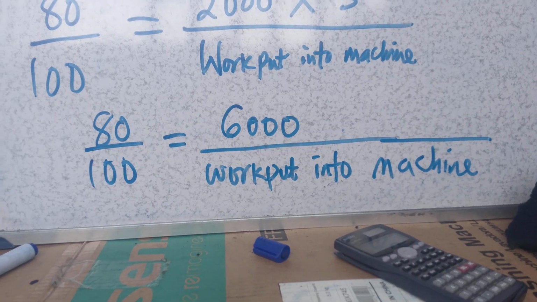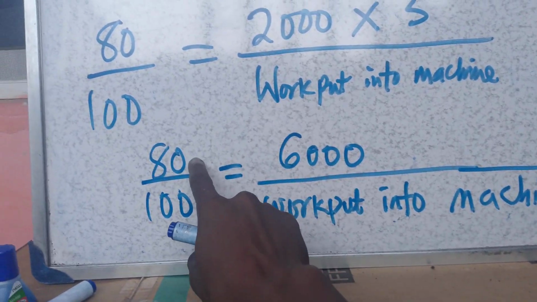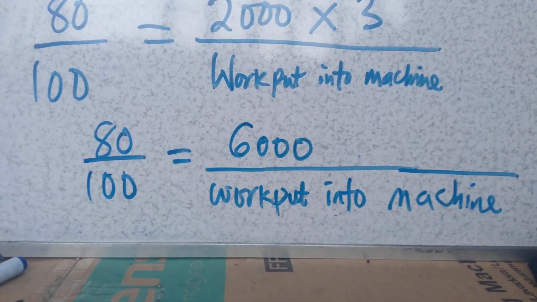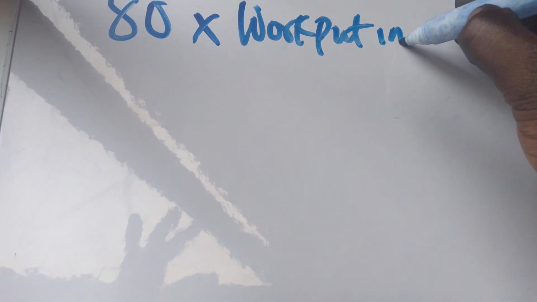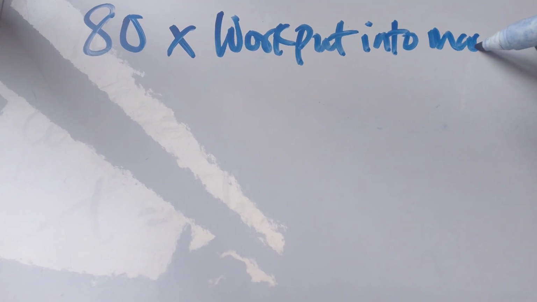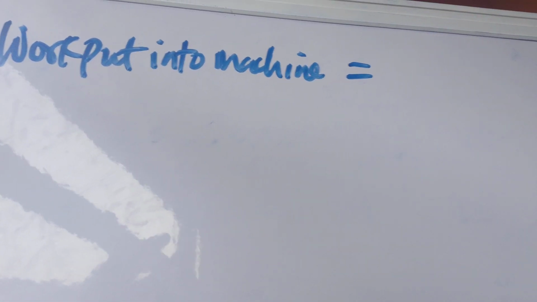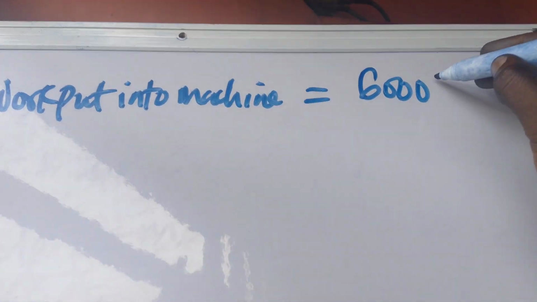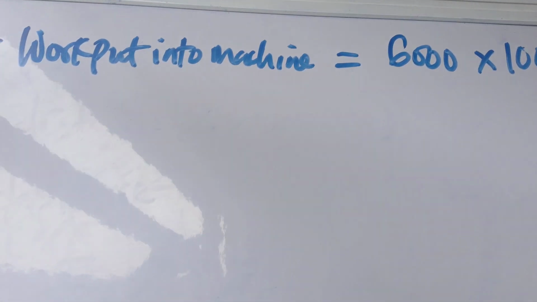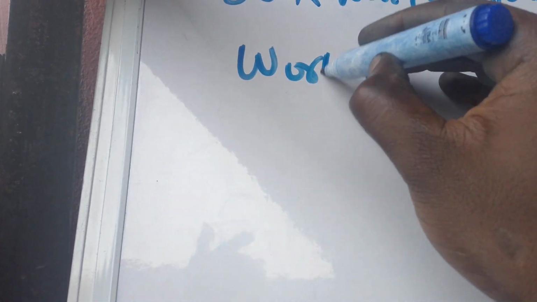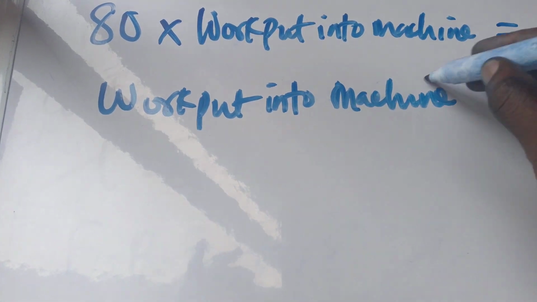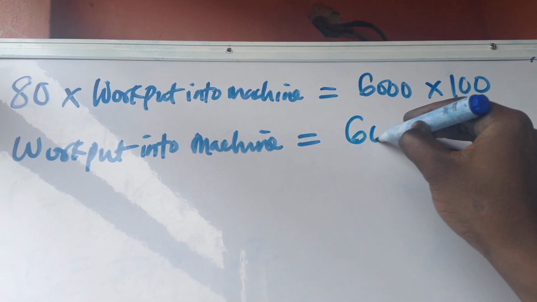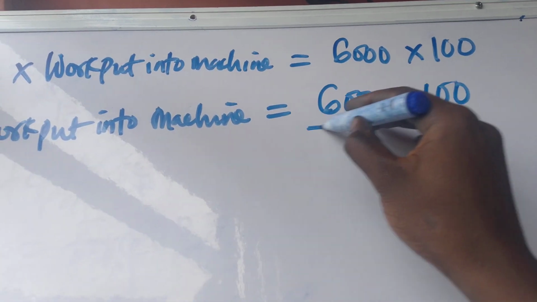Now I can cross multiply. So 80 times work put into machine is equal to 6,000 times 100. That means the work put into machine will be equal to 6,000 multiplied by 100 divided by 80.